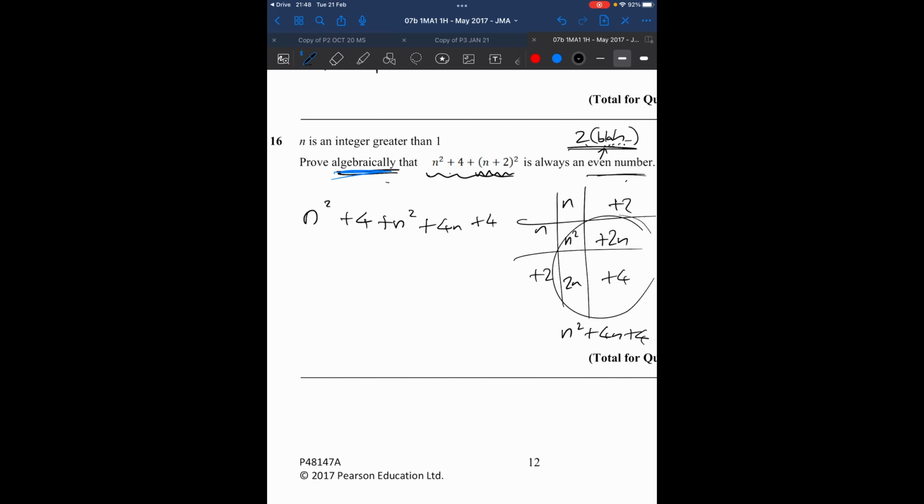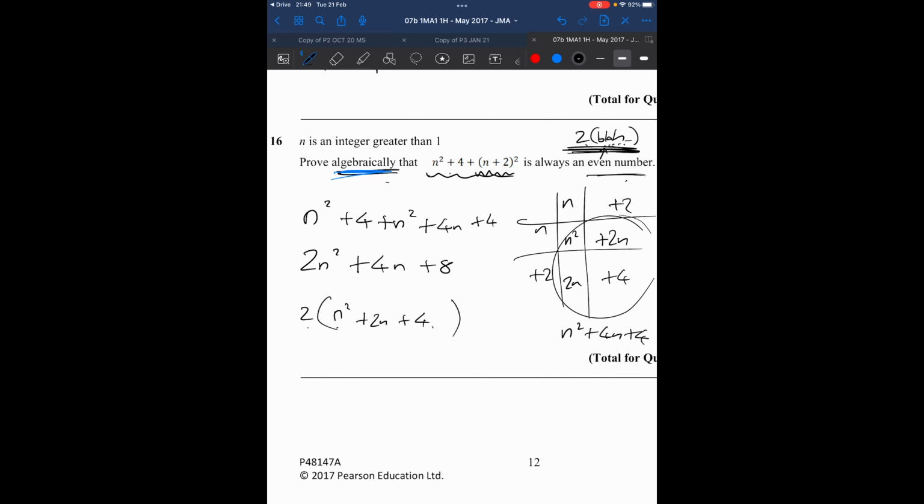And if I collect this all together, what will I get? I'll get 2n squared plus 4n plus 8. So can I make that fit this format? Well, yes, because I can take a 2 out of everything. So if I take a 2 out of everything, what would I get? I'd get n squared, because 2 times n squared is 2n squared, plus 2n plus 4.